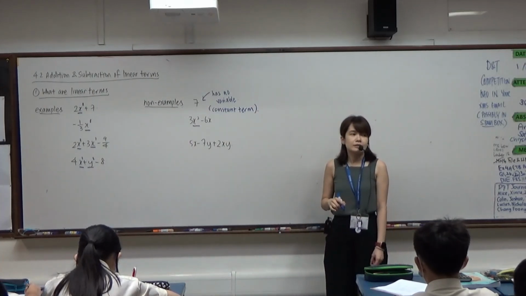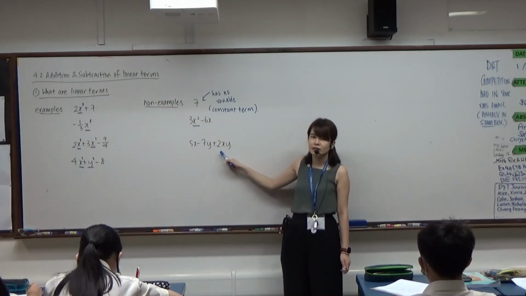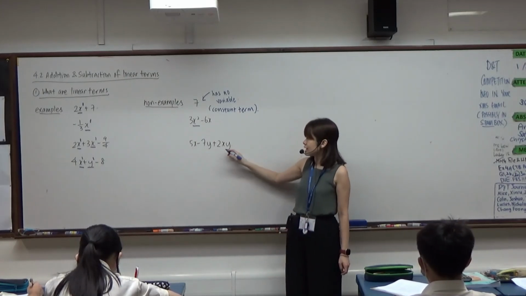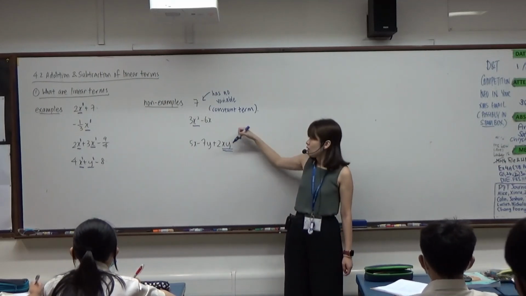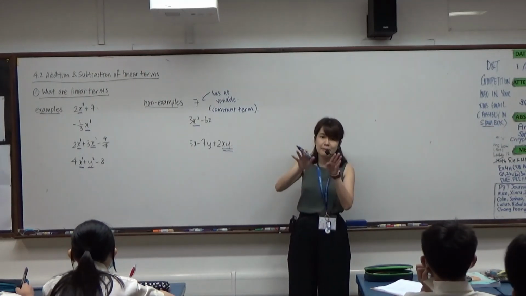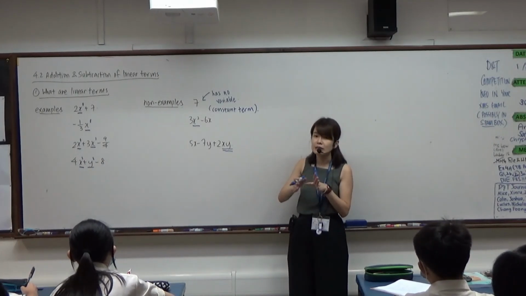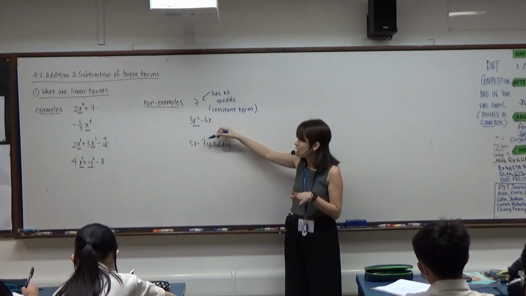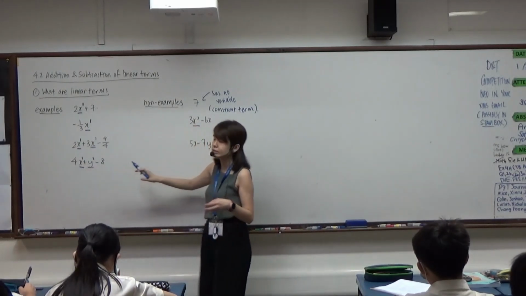Then you might be curious, why is it that this one is not linear? It is actually because of this xy over here. When you have x and y together, multiplying together like that, it makes it not linear anymore. Because our x and y need to be separated out by either plus or minus.